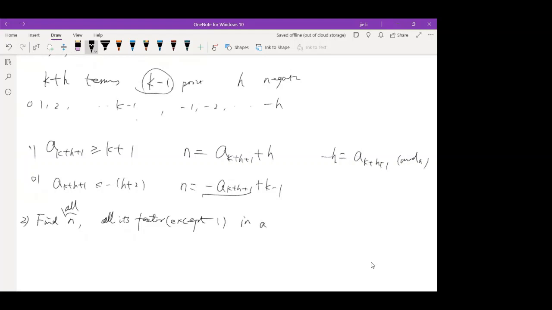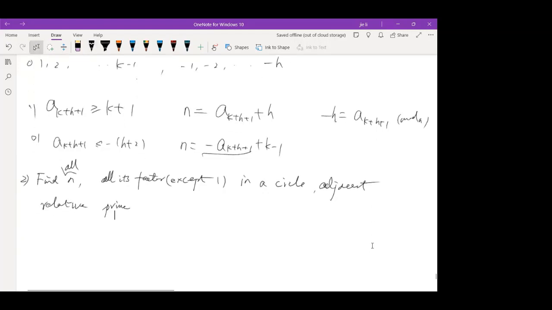In a circle, each adjacent pair is right a prime. Understand this one, right?